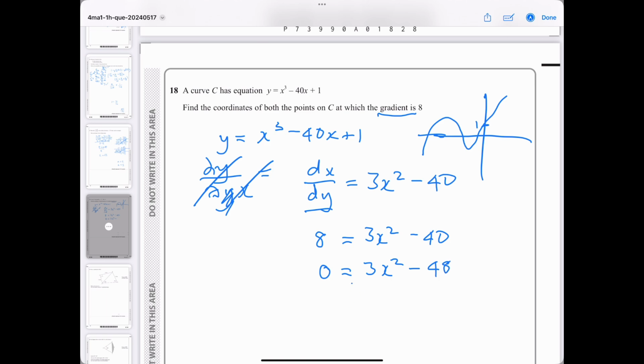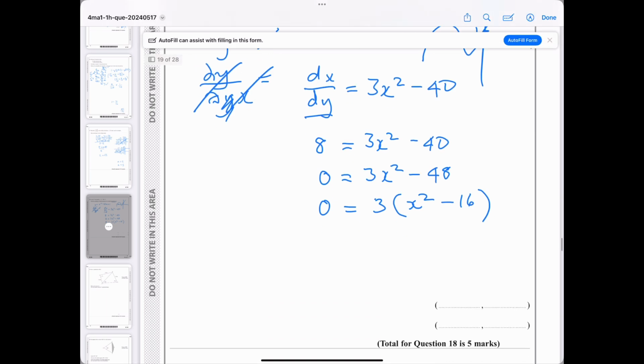And now we can, what's the word, factorise this. So we would say 3 comes out and x squared stays in, and that's x squared minus 16. So x squared minus 16 is the difference of two squares, which is great.